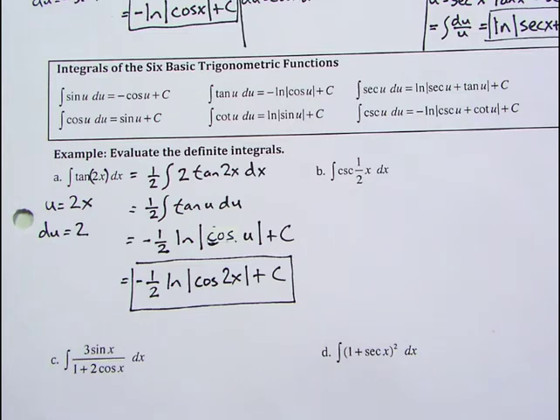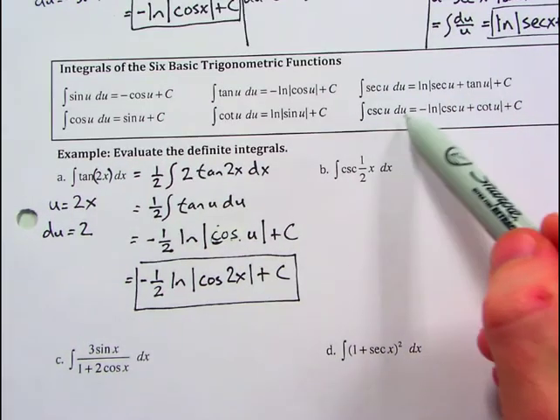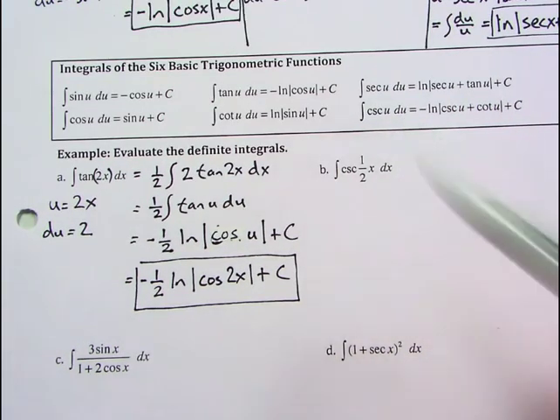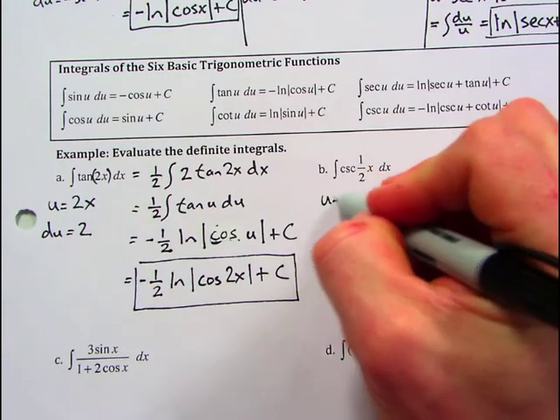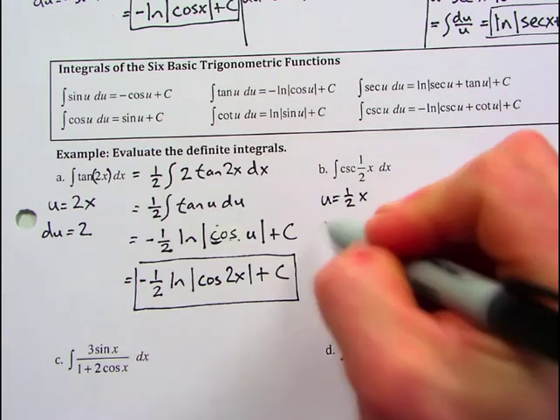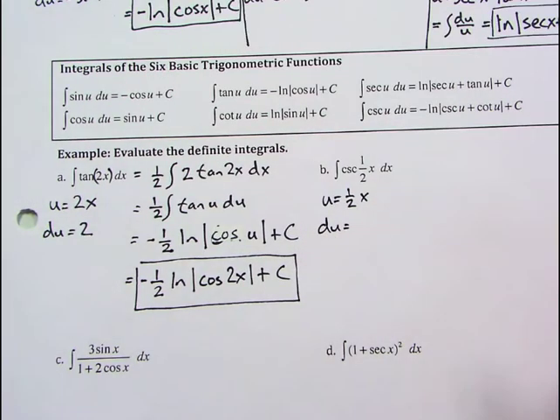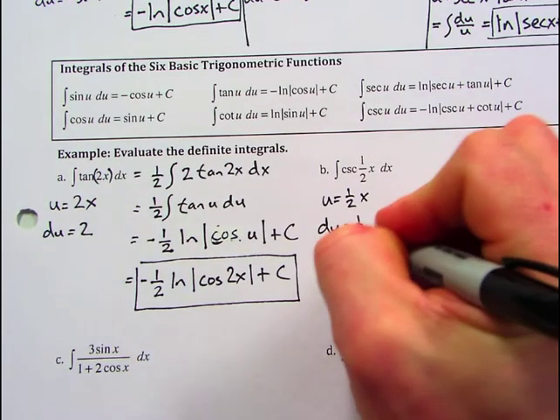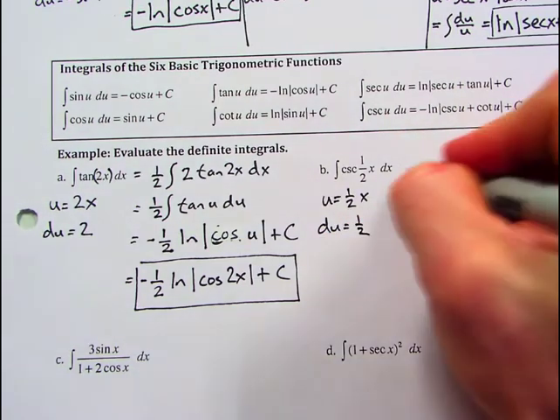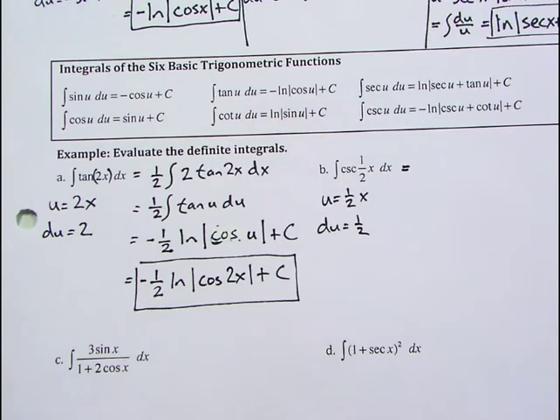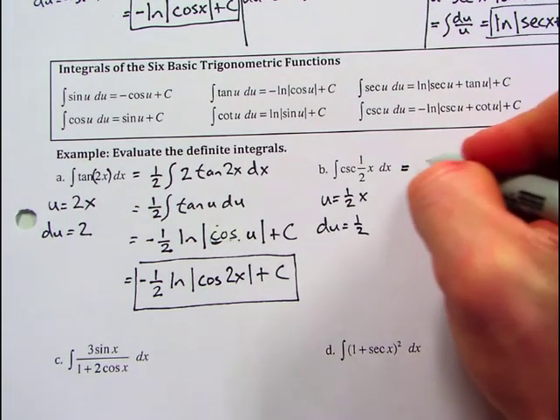All right, letter B. We have cosecant of half x, and notice we're trying to find cosecant u du. So u equals 1/2 x, and du is 1/2 dx. If I'm going to rewrite our integral, we need a 2.